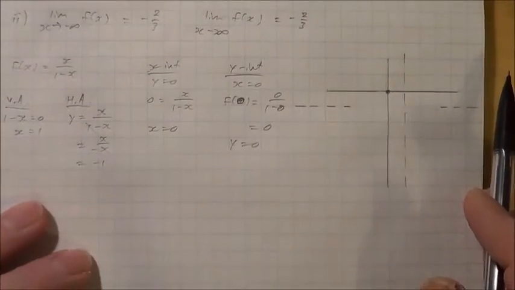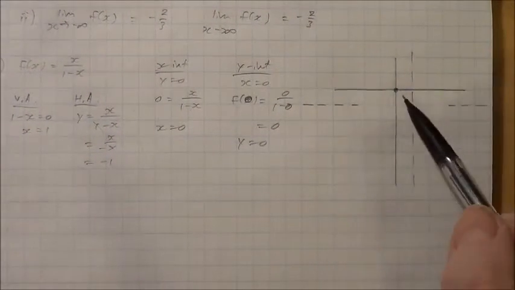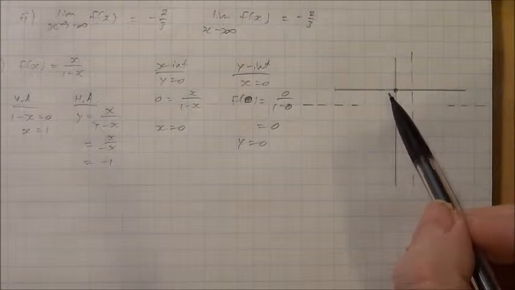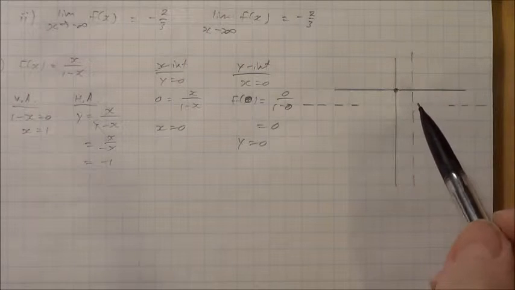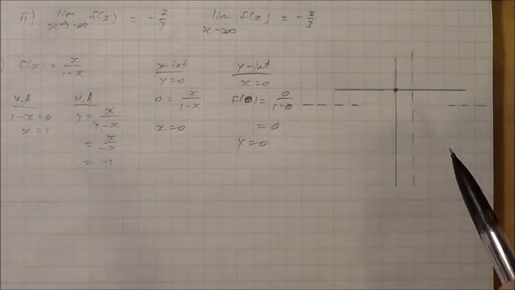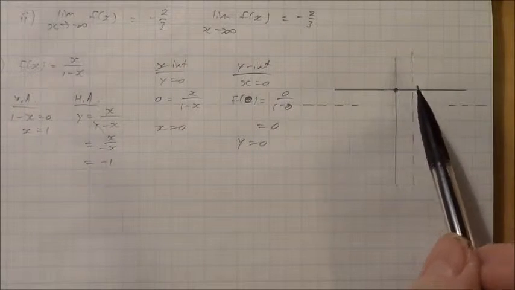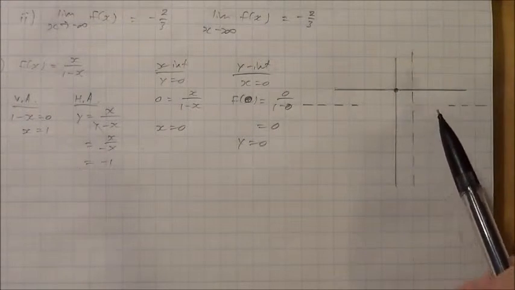But now when we only have one intercept, it's a little bit more tricky. However, we know that the graph is going to approach the vertical asymptote and then approach the horizontal asymptote.